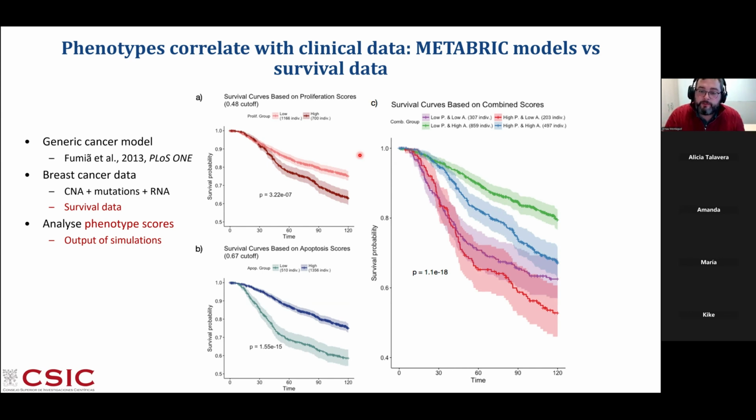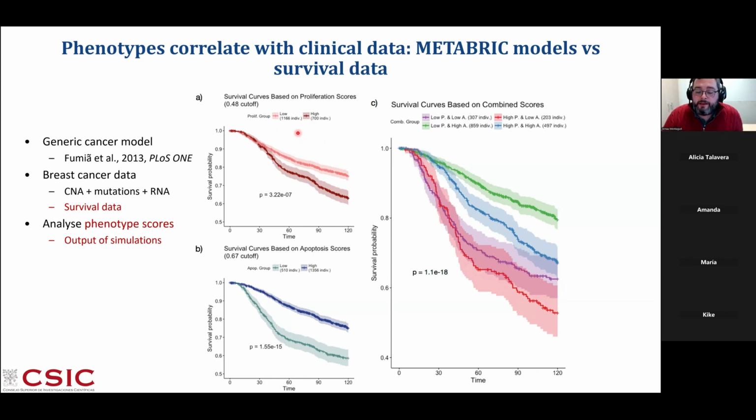You run the 2000 models, and then you know their score in terms of proliferation and apoptosis. And you can look at the survival that those patients had. What we saw is that the proliferation and apoptosis scores, using a cutoff, differentiated well between the ones that survived more and the ones that survived less.